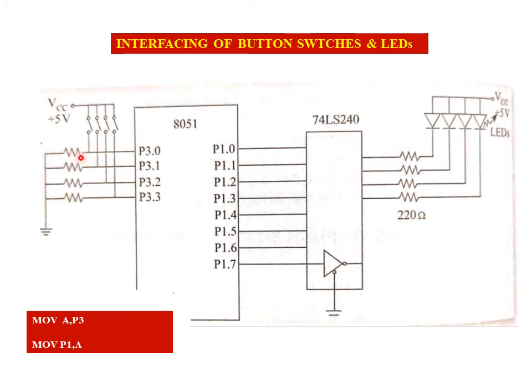Now these switches work like this: when logic 0 is connected to the port 3 pins, they work in open mode. When logic 1 is connected, they work in closed mode.